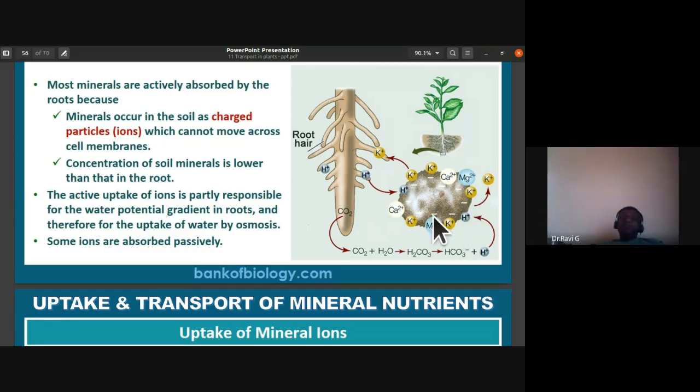So there is an active uptake of ions, that is, expenditure of energy to absorb the minerals against the concentration gradient, since their concentration in soil is very low compared to the roots. So there has to be active absorption of ions.